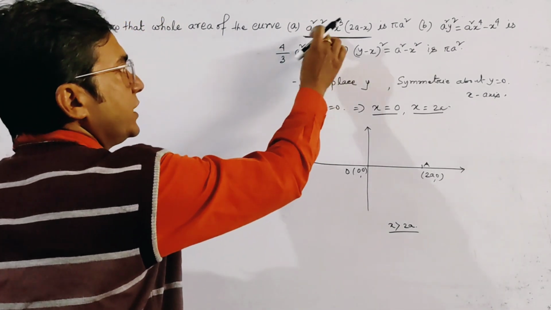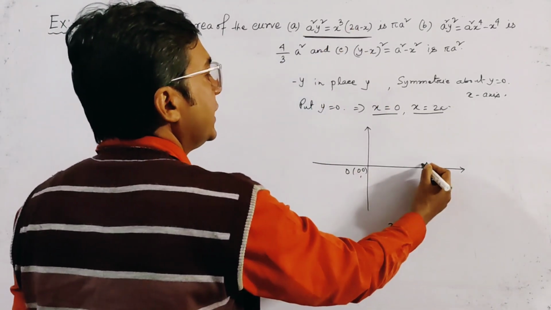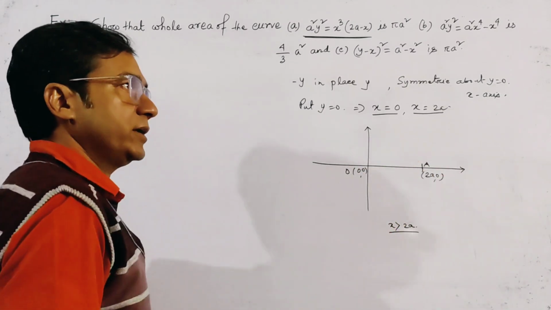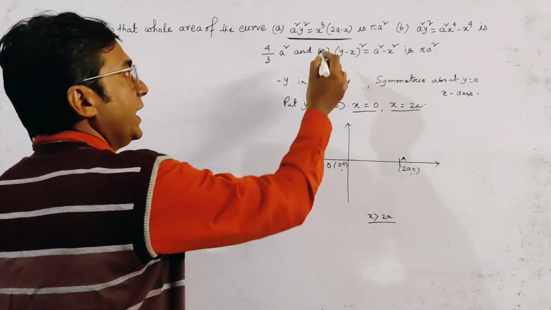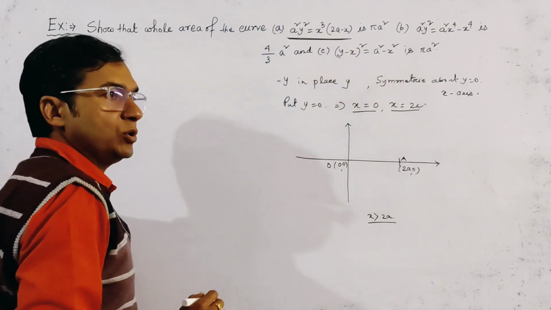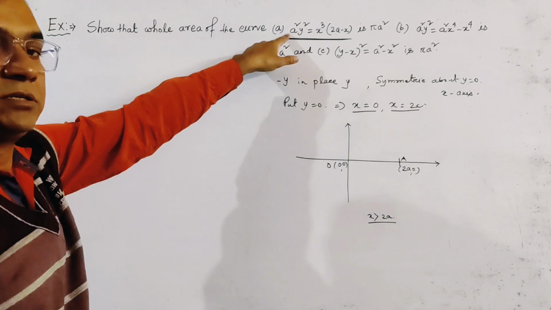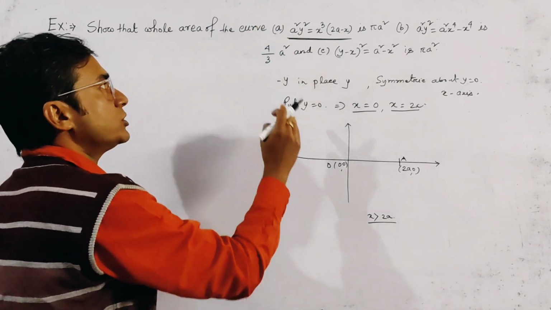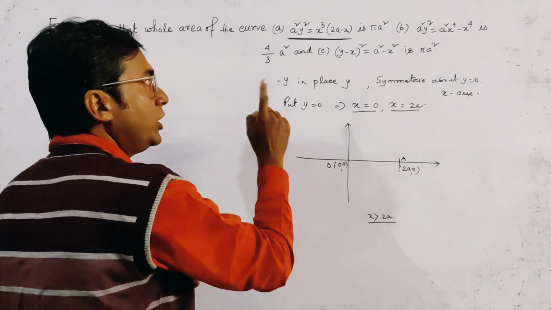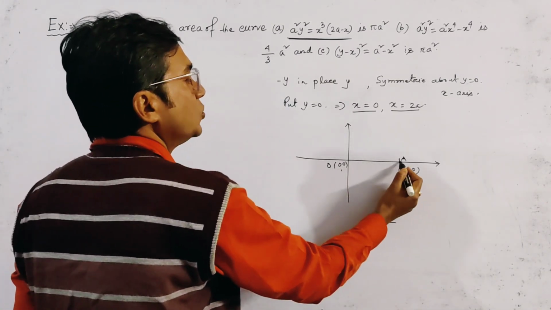A perfect square is not a negative quantity, so there is no curve to the right of 2a, the right side of the point A. If we put any negative value of x, the right side is also negative, so this is not satisfied by the left side. So there is no portion of the curve to the left of the origin. The only portion of the curve lies between 0 and 2a.